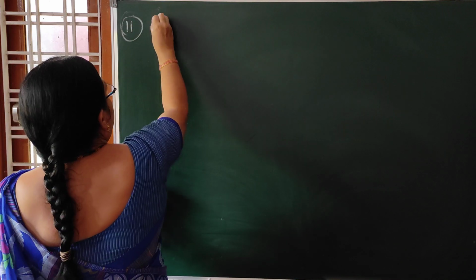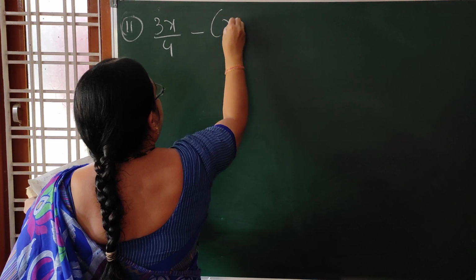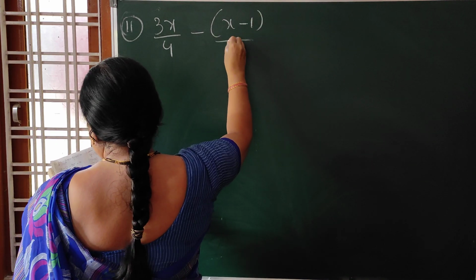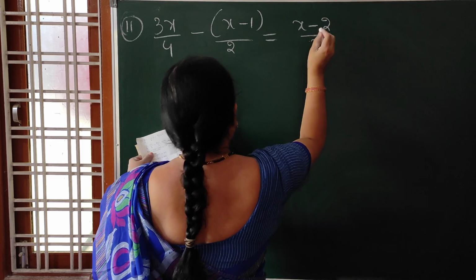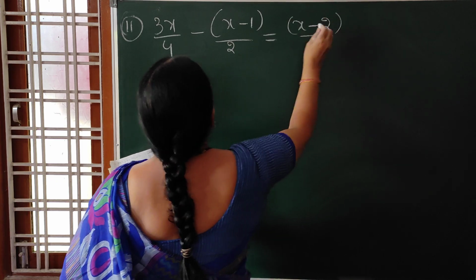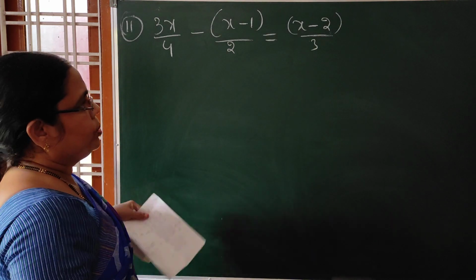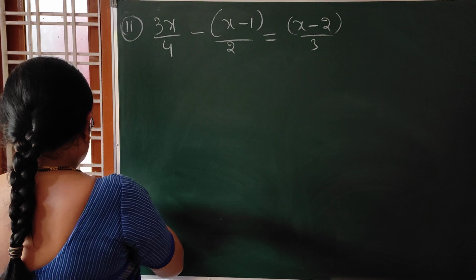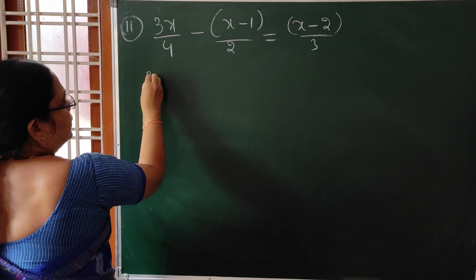Next I will go to 11th sum. 3x by 4 minus x minus 1 by 2 is equal to x minus 2 by 3. This is the given question. So this will come to LHS.